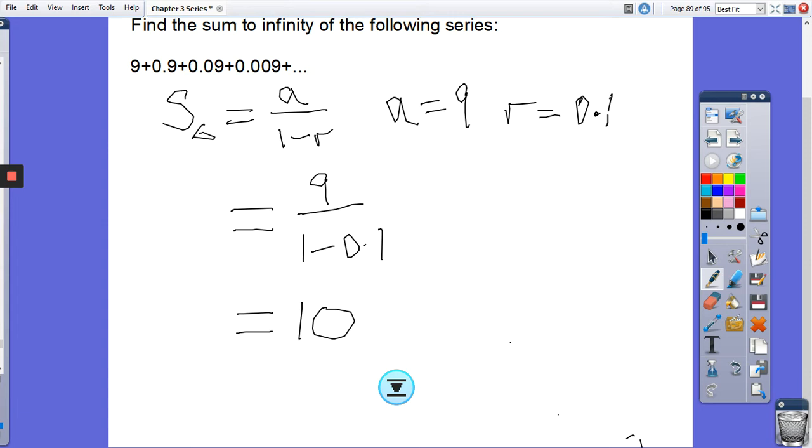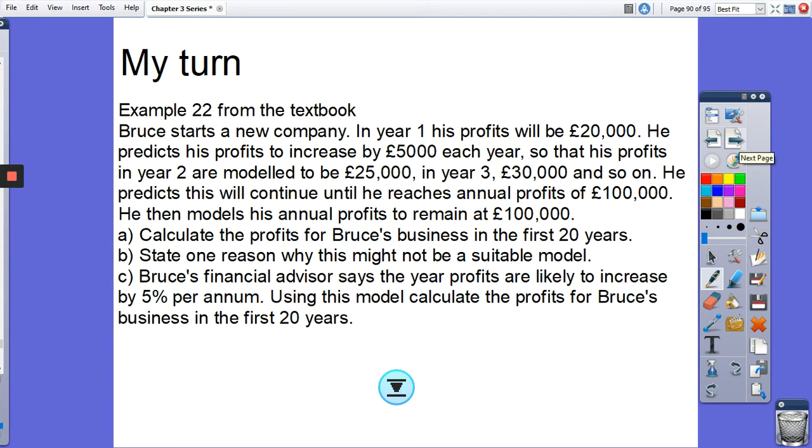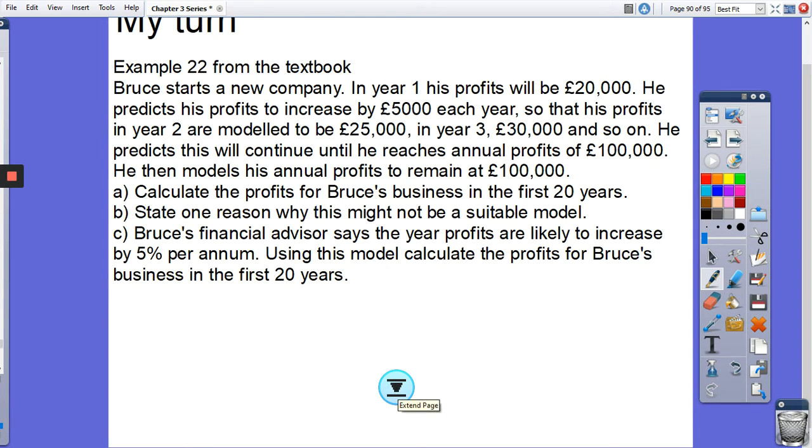Let's get on with an example where we model an arithmetic series. Here we go. So it's a big old question. It's from the textbook, and it's all about somebody called Bruce. What he does is start a business, and in the first year he gets 20 grand of profits.